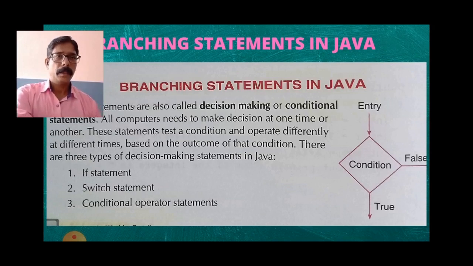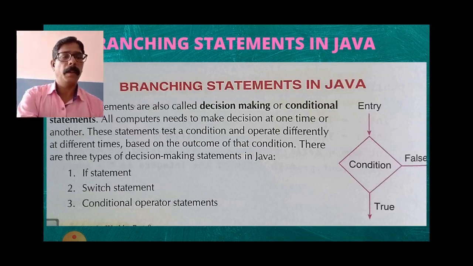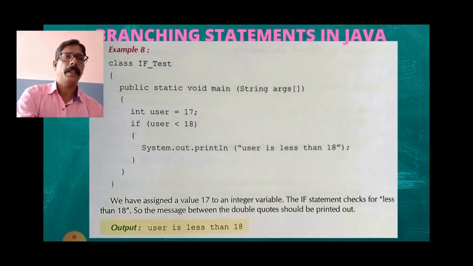Okay, this is a simple example of a branching statement in Java. How many types of decision making statements are there in Java? Three types: if statement, switch statement, and conditional operator statement.